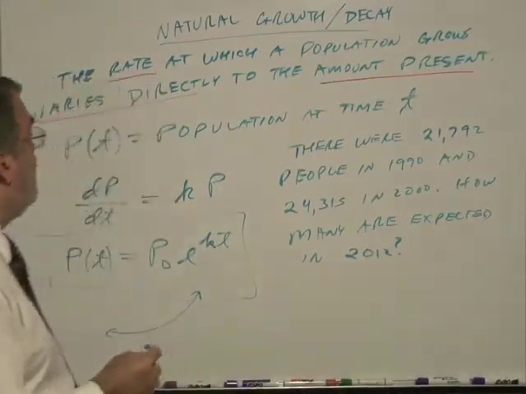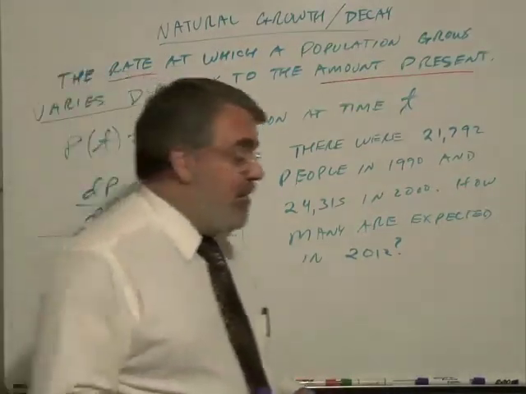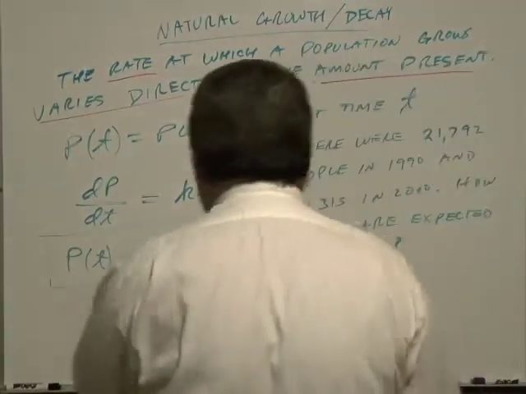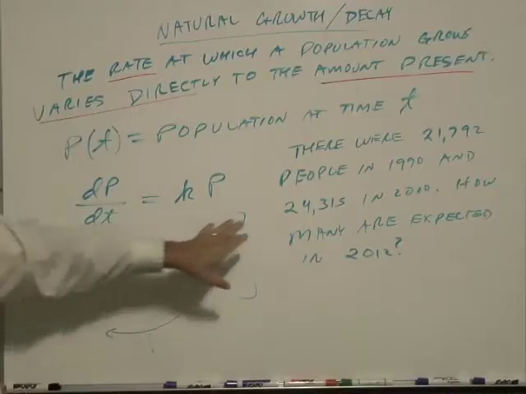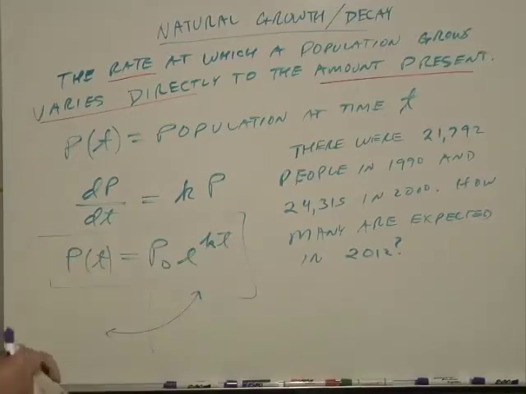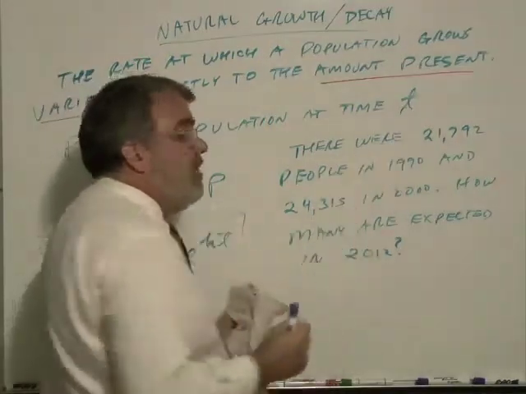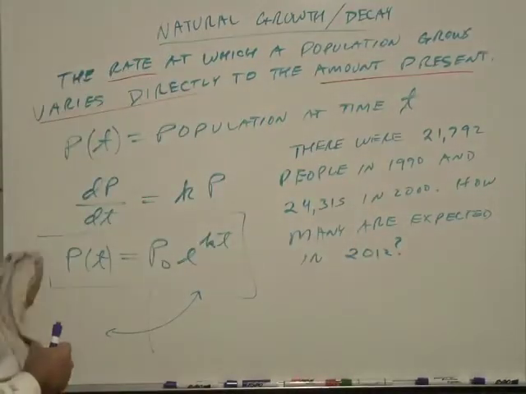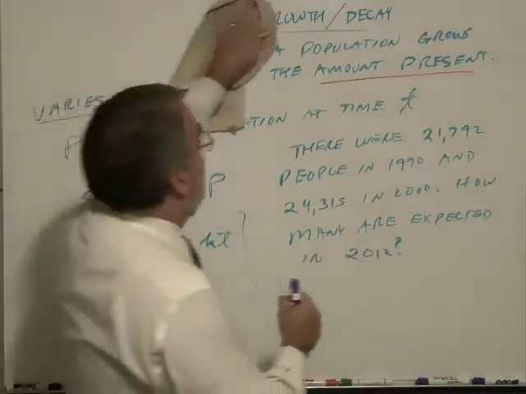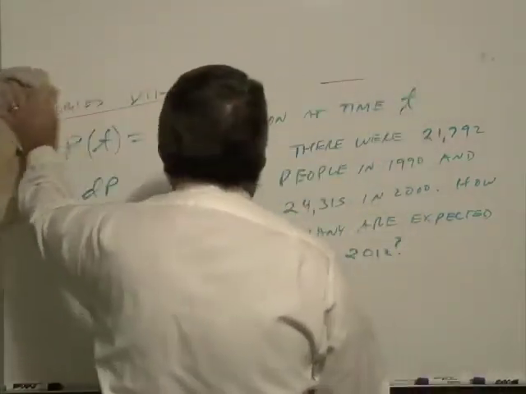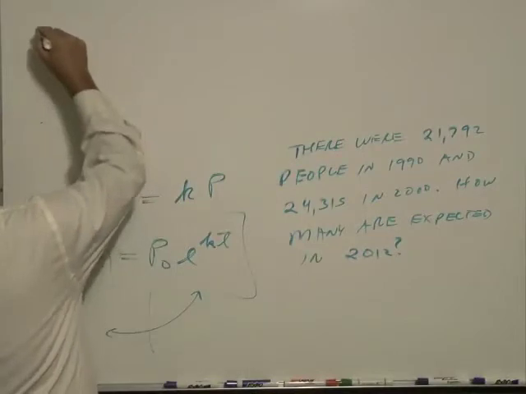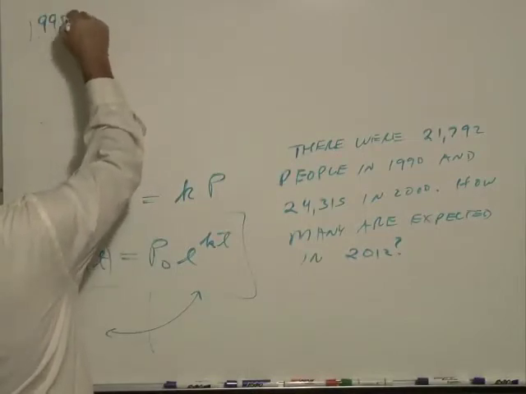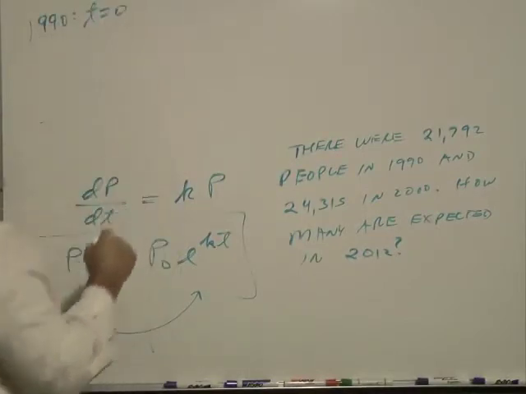Alright, so I'm going to have to do some erasing here to make room, but now we've taken this differential equation, we have a general solution that describes population growth or decay, and now I'm going to solve a specific problem with these initial conditions. Let's see here, in 1990, let's call that t equals 0.